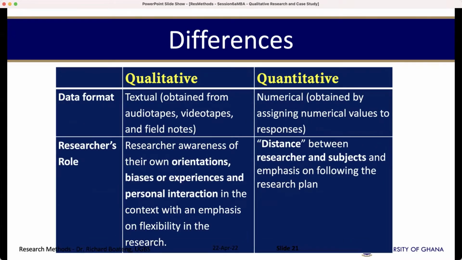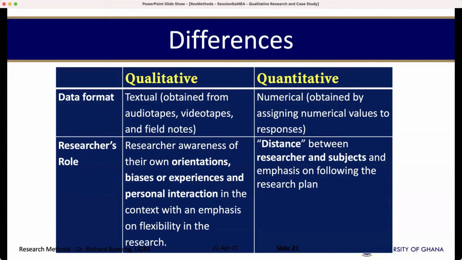We also mentioned that qualitative research uses text-based data, and the researcher should be aware of his own biases. But with quantitative research, there's a belief that there is a distance between the researcher and his subjects, and there's an emphasis on the research plan. So there's not much ambiguity about what is expected.